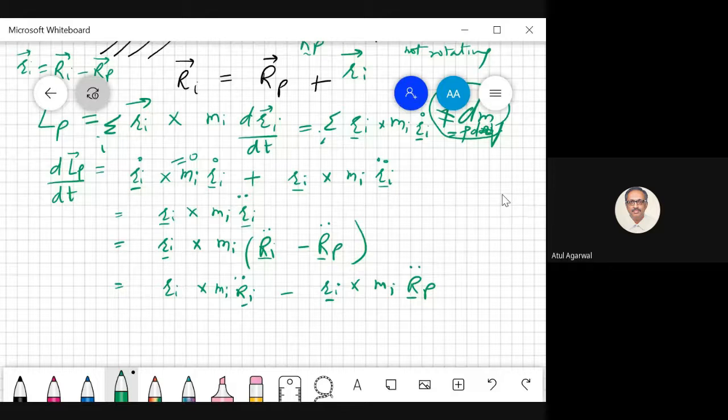So what is this term, mi Ri double dot? This is nothing but Ri cross F external plus F internal acting on the particle i. Do you agree?